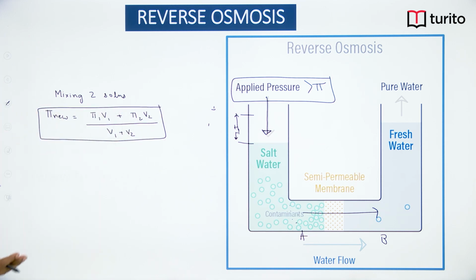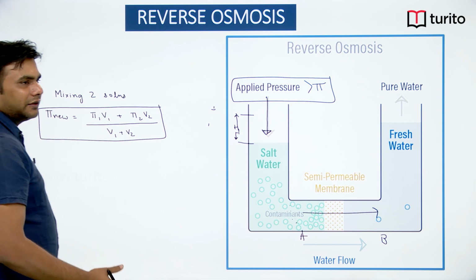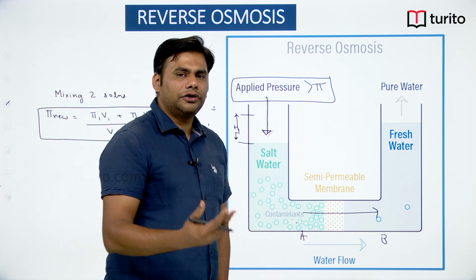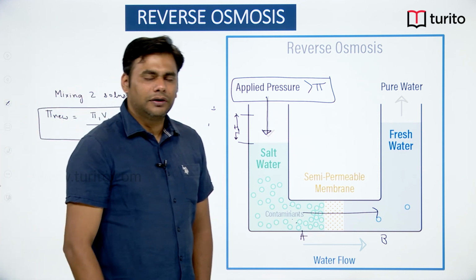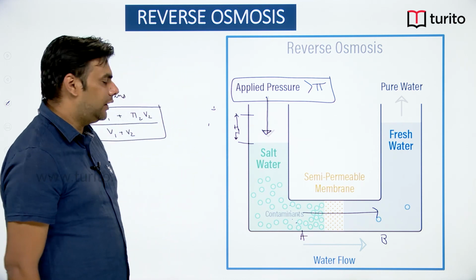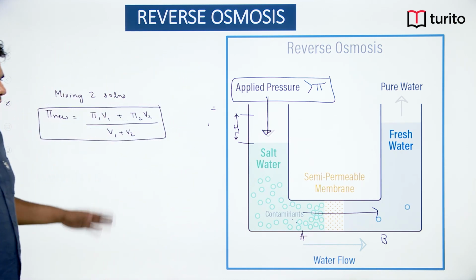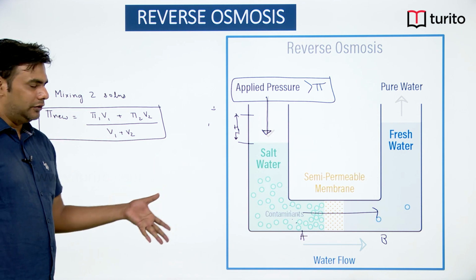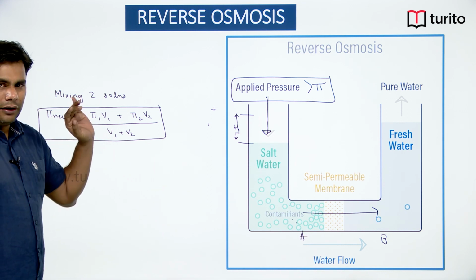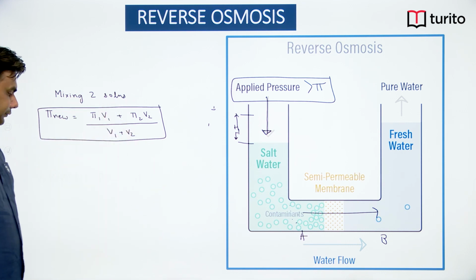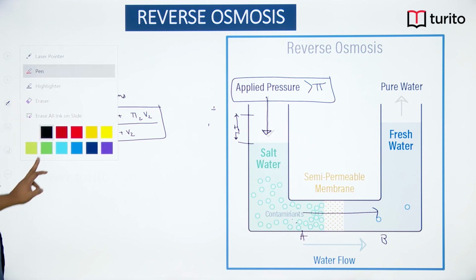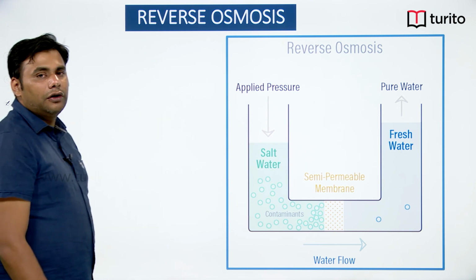You can also find this by finding the new concentration and multiplying it by RT. Even if you don't remember the formula, there is no issue, you can do it by your logic through the concept of stoichiometry.